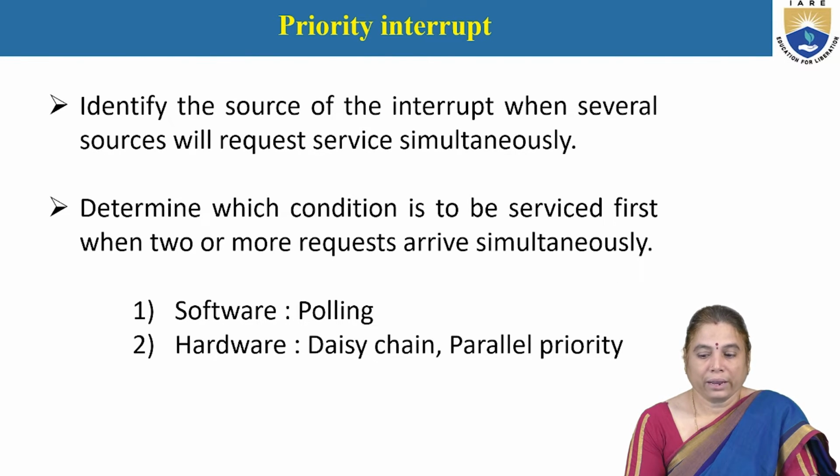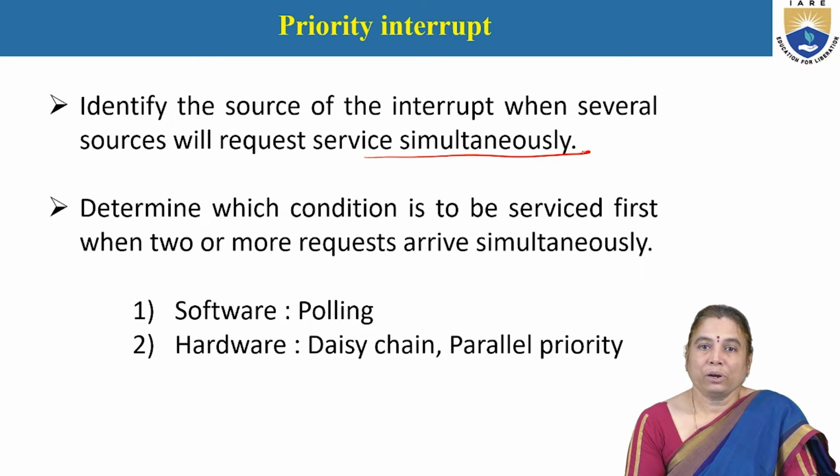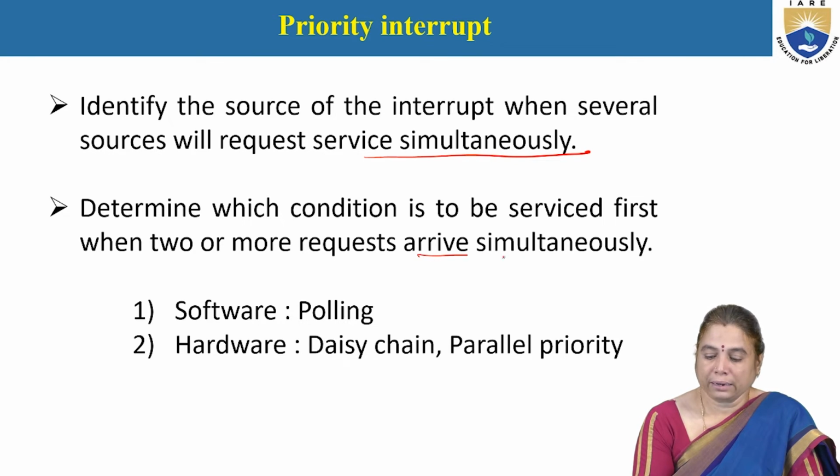It identifies the source of the interrupt when several sources request service simultaneously. Multiple devices request CPU service by using the interrupt, and the priority interrupt concept comes into the picture to decide which device has the highest priority. So it determines which condition is to be serviced first when two or more requests arrive simultaneously.